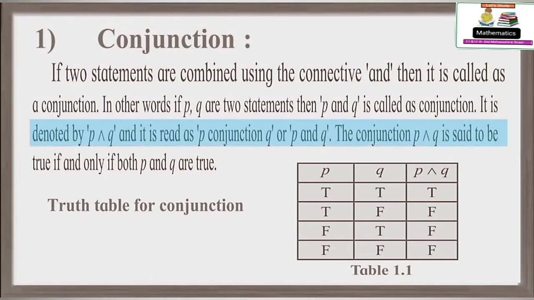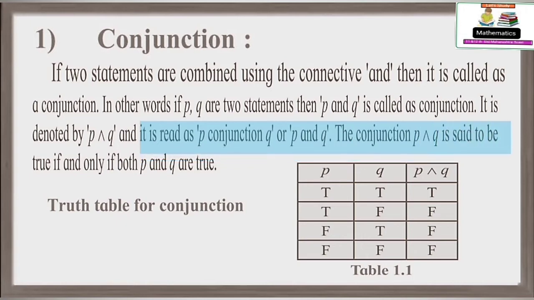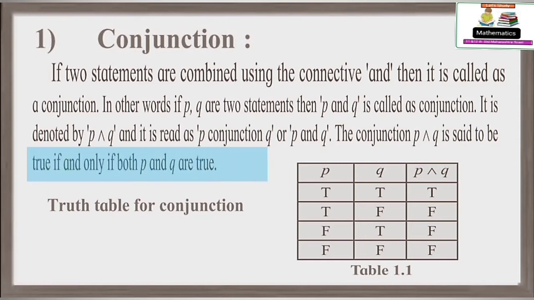It is denoted by p ∧ q. The symbol of conjunction is this, p ∧ q, and it is read as p conjunction q or p and q. The conjunction p ∧ q is said to be true if both p and q are true. Remember this sentence.